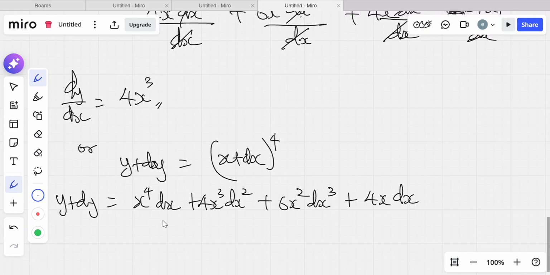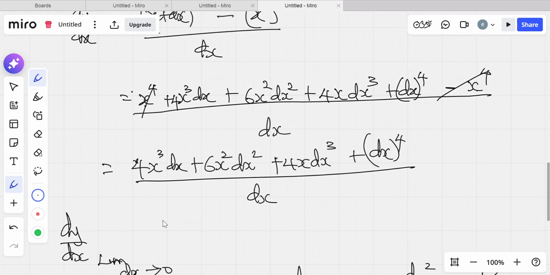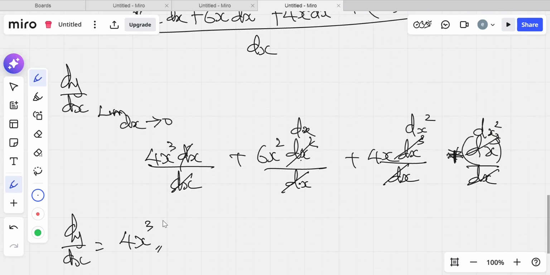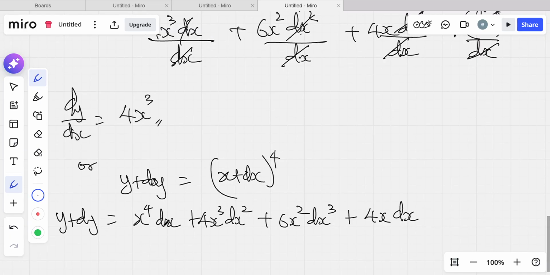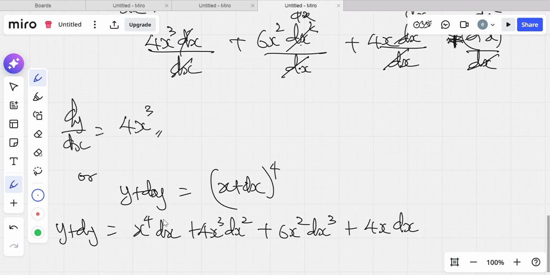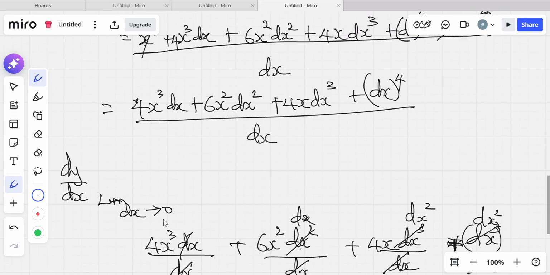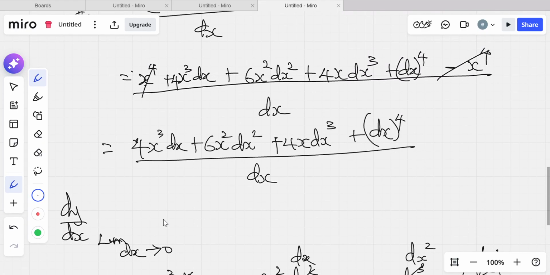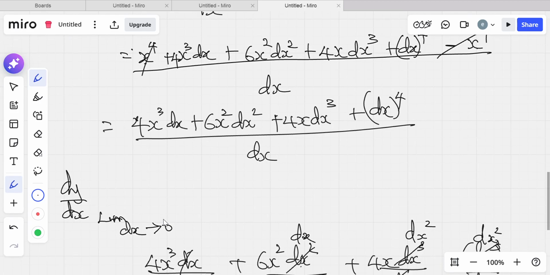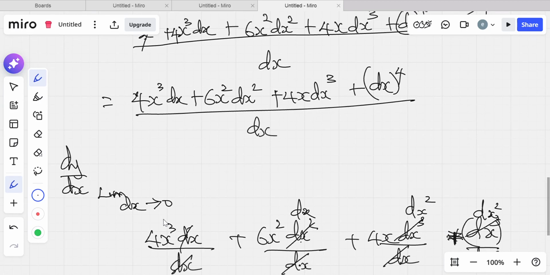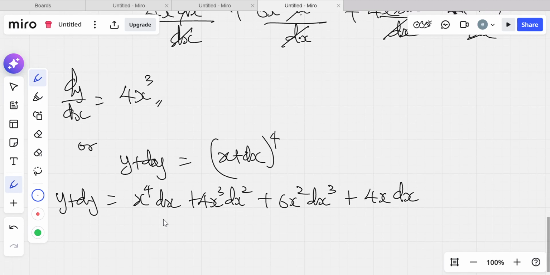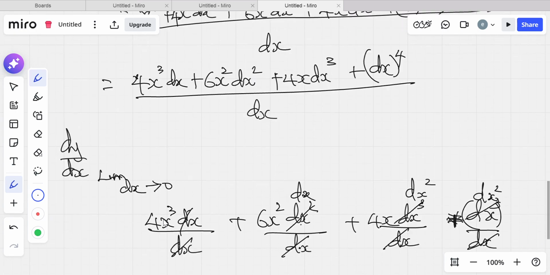This is remaining 1, 4, 6, 4, 1, the powers 1, 2, 3, and 4.